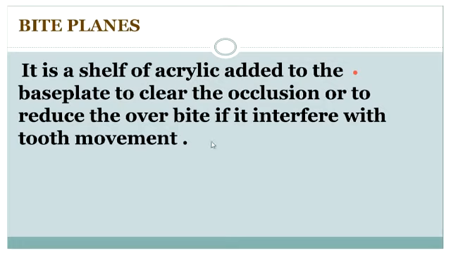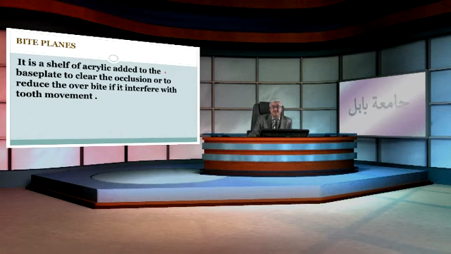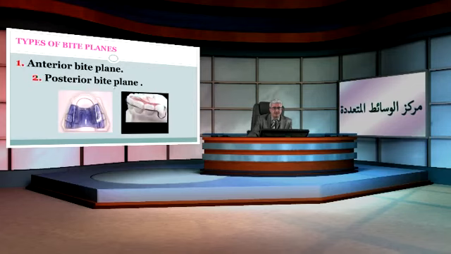Bite plate, it is a self-effected addition to the base plate to clear the occlusion or to reduce the overbite if it interferes with tooth movement. Types of bite planes: anterior bite plane and posterior bite plane.